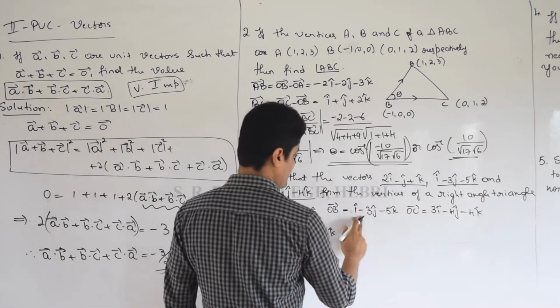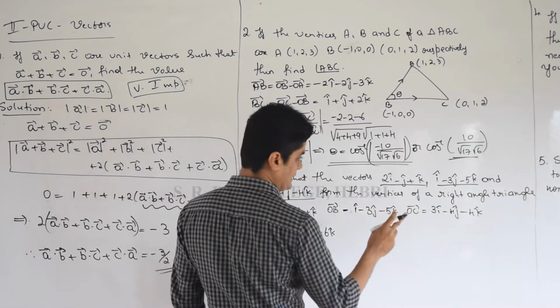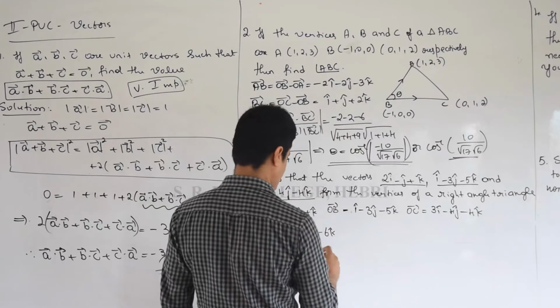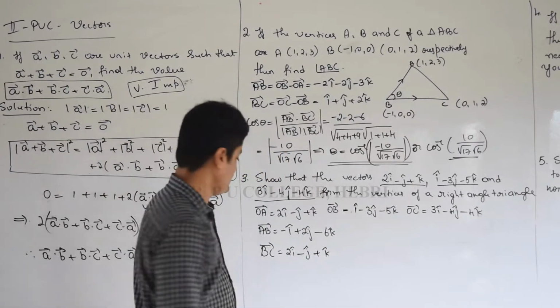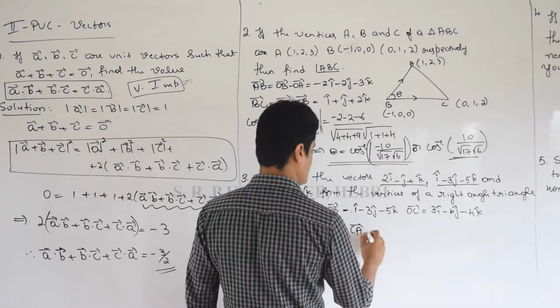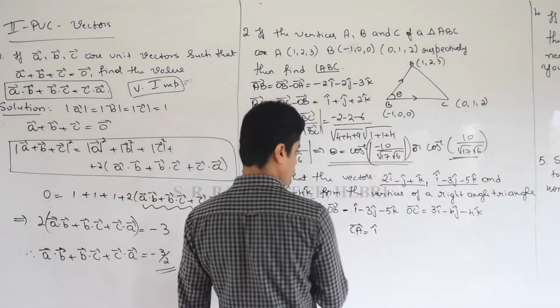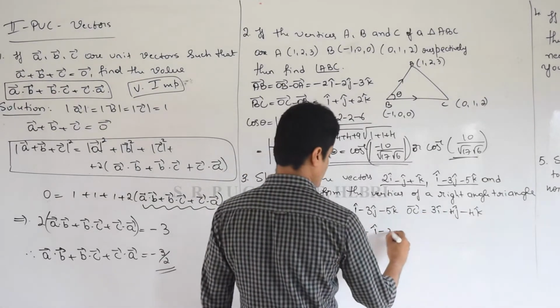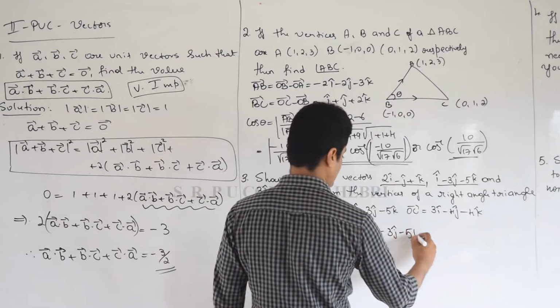Minus 4j plus 3j is minus j, right? Then minus 4k plus 5k is plus k. One more vector is required, vector CA. That is 3 minus 2i... minus 4j plus j, minus 3j, minus 4k minus k, minus 5k.